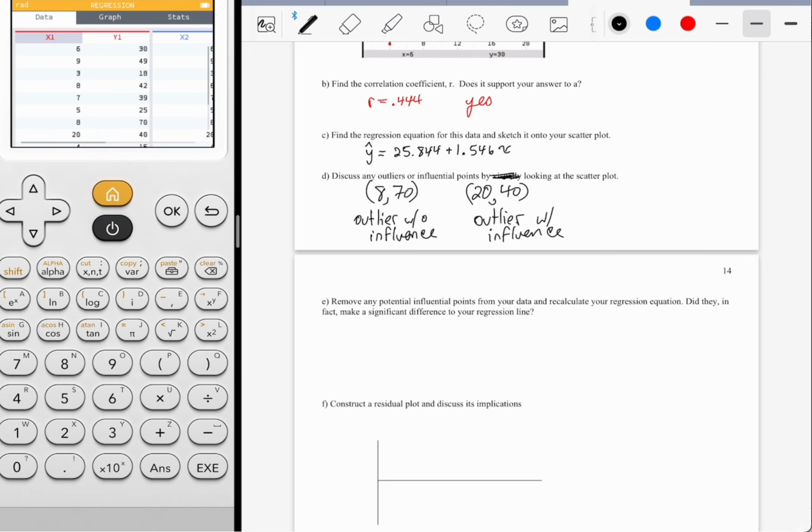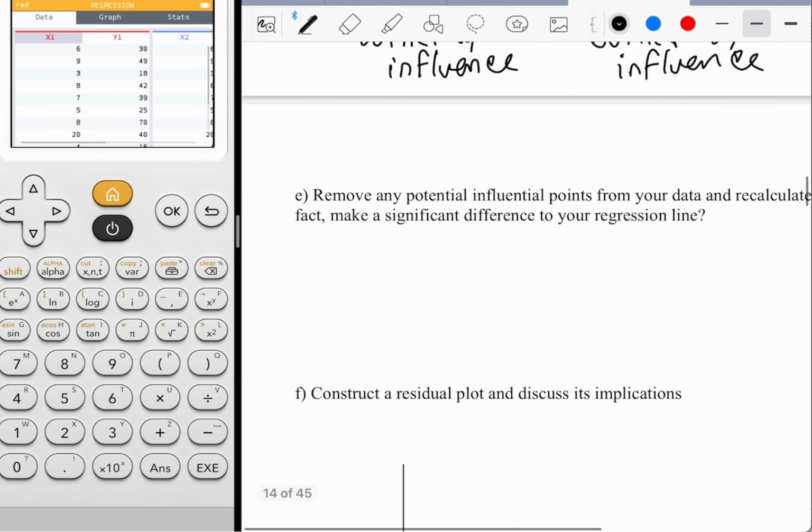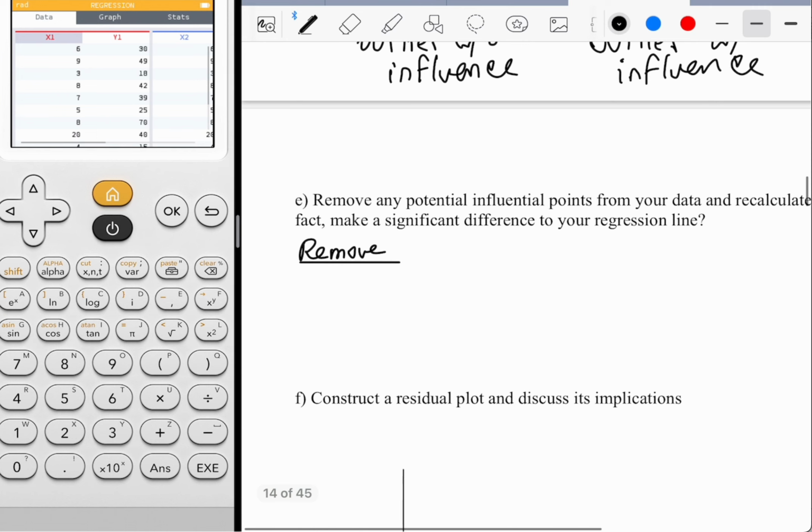And you have to itemize it. You have to look at it and say, all right, this is what I'm going to do. I'm going to remove 870 and see what happens. Now, the things that could happen would be a change in the regression, specifically either a substantial, significant change in the y-intercept or a change in the slope.